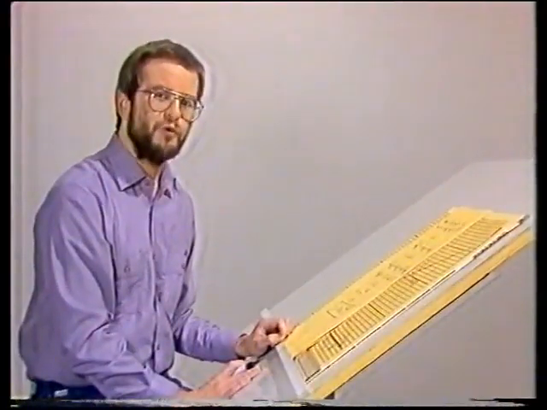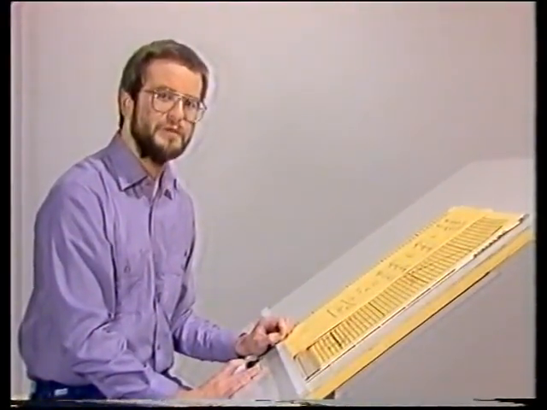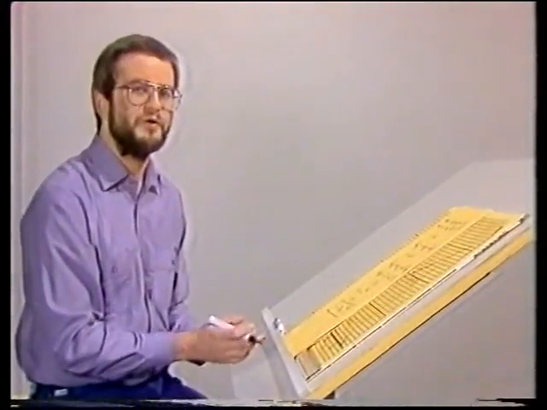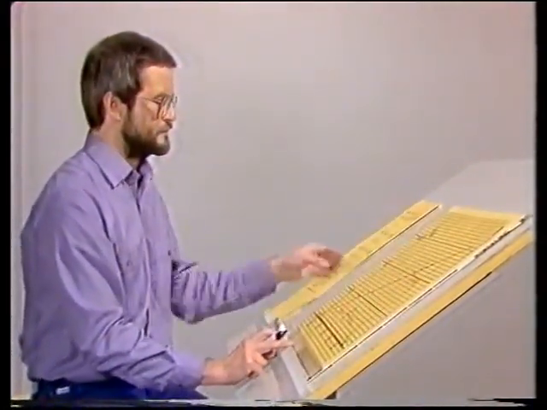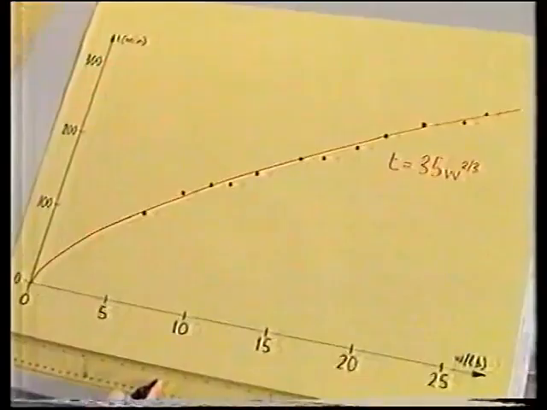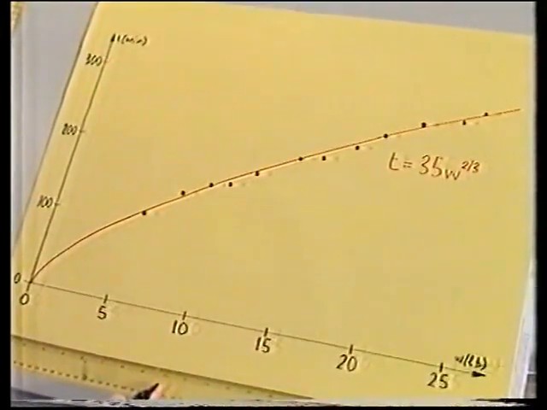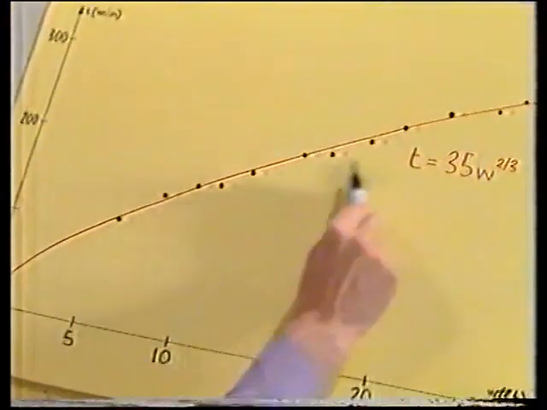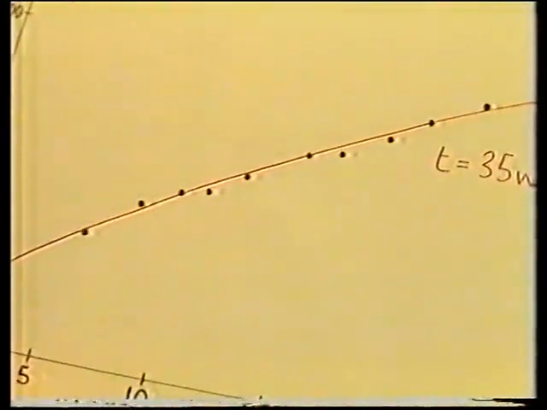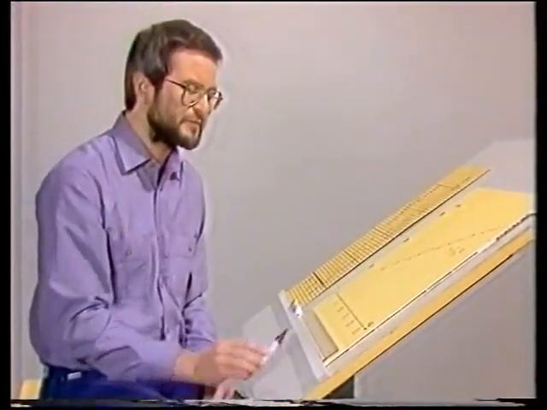In fact, I've drawn the graph of T equals 35W to the 2/3 superimposed on our original data points. You can see that this model also gave a reasonable fit to the data. So what does our model predict for a 20-pound turkey?